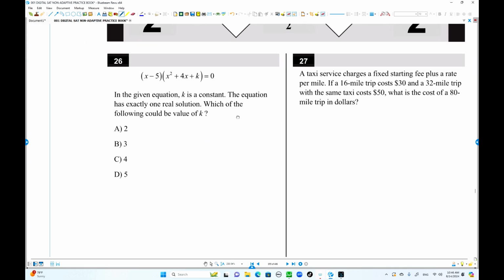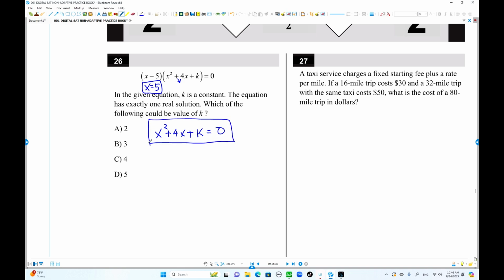Here is number 26. In the given equation, k is a constant. The equation has exactly one real solution. Where's the solution? x plus 5. You got one real solution already. Only one, right? Exactly one. So from here, we don't have any real root from x squared plus 4x plus k. When you solve this one, it doesn't have any real root.